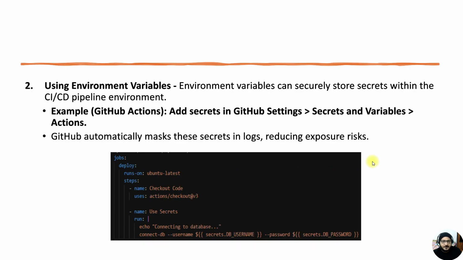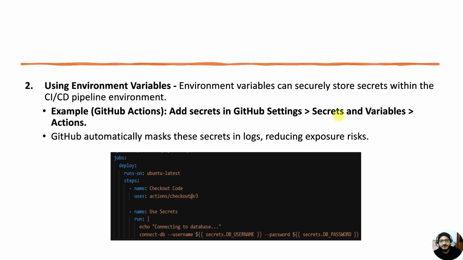Now let's see what's another option. Another option we have is using environment variables. Environment variables can also securely store your secrets within the CI/CD pipeline. For this you again have multiple options. You can use variable groups, or if you don't want to use a variable group you can use pipeline variables, but a pipeline variable will be specific to the particular pipeline which you are configuring.